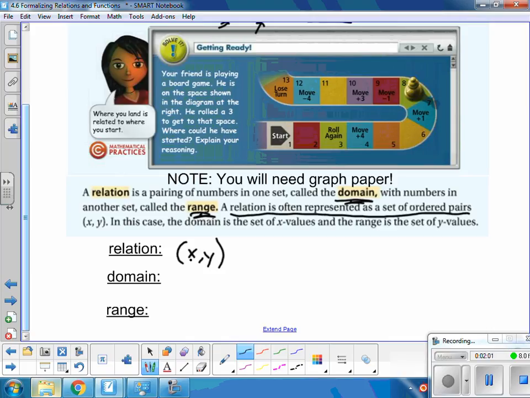Let me simplify this a little bit. The domain is going to be the set of x values, so I'm going to have a bunch of coordinates, and those x values are all my domain, and my range is going to be my y values. We'll see that play out in a few slides here.